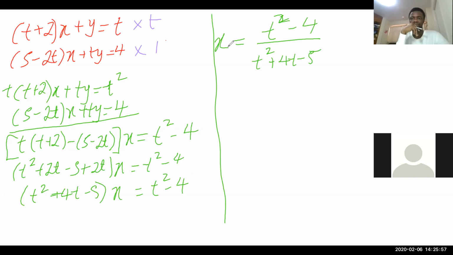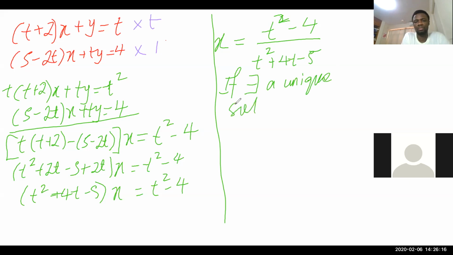Lillian? If there's a solution, then the fraction is defined, so the denominator won't be 0, and then we solve. Good. So if there exists a unique solution, then t squared plus 4t minus 5 cannot be 0.